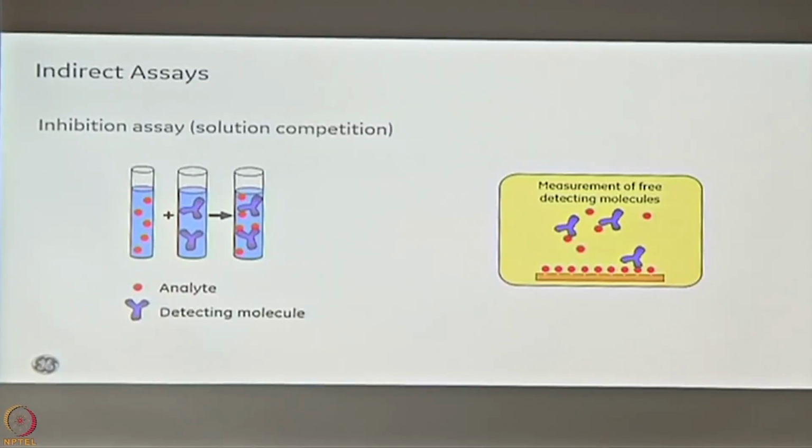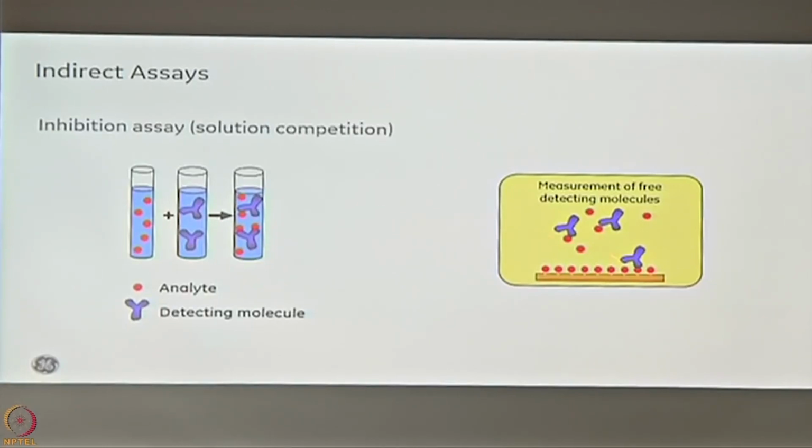The analyte is kept constant with increasing concentration of detecting molecule, okay, and you mix them. So, with the increasing concentration of detecting molecule, you will have free detecting molecule in the solution, right.